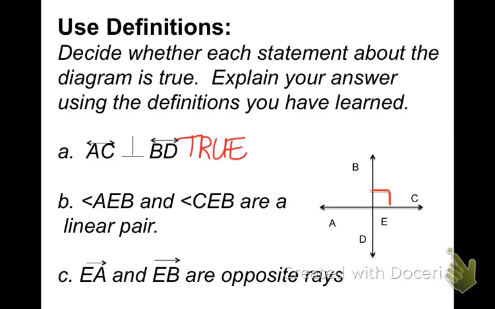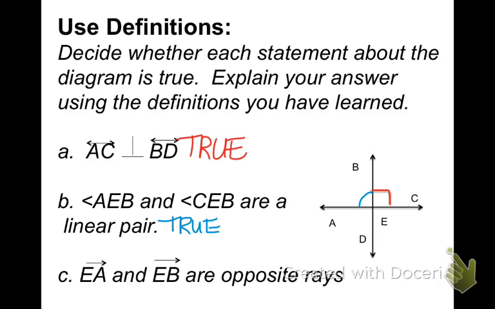Statement B, angle AEB and angle CEB are a linear pair. So AEB is the angle here in blue. This is the blue angle. And then angle CEB is the right angle marked with the red square. And they are a linear pair. That is a true statement.